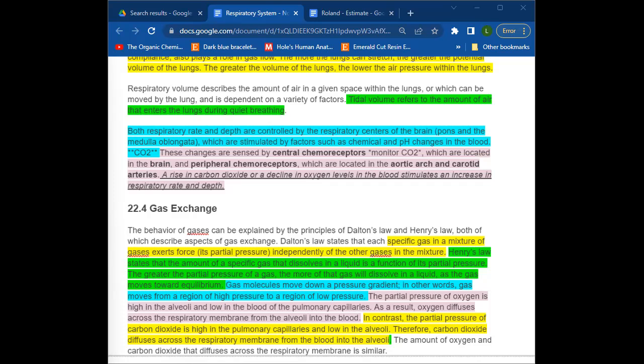And so if the carbon dioxide levels start to get too high, then these chemoreceptors are going to send signals to the pons and the medulla oblongata and let them know that the carbon dioxide levels are getting too high. And then the medulla oblongata is going to tell the lungs, or the pons will tell the lungs, to speed up the respiratory rate to get rid of the carbon dioxide.